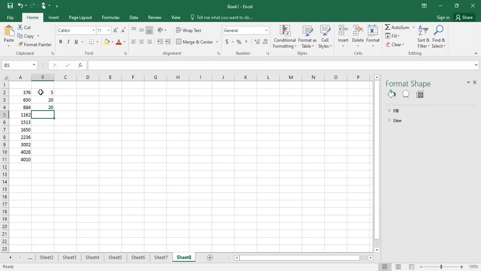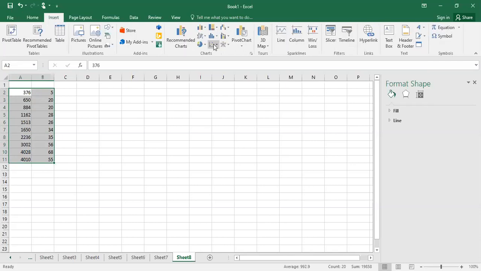Now is the number of fatalities. So we have the values. We will highlight the values and go to Insert, and this is where we find a scatter diagram.